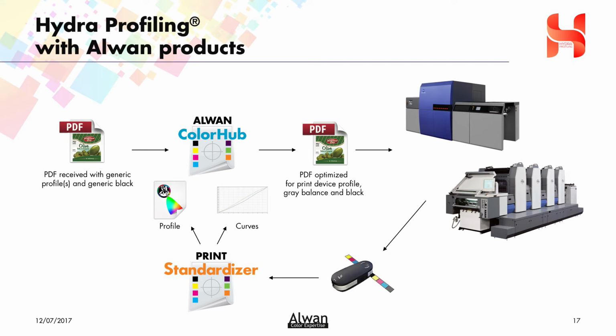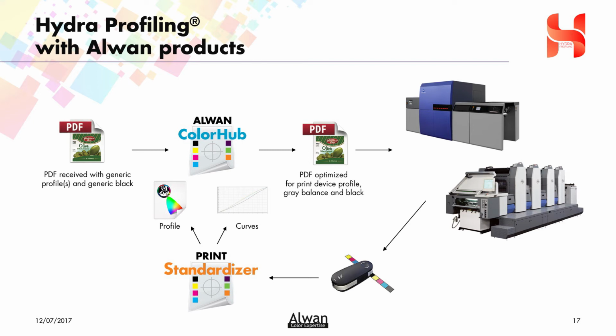And to give you an example, we did this recently with Konica Minolta. I was able to calibrate and to profile a Konica Minolta printer using Konica Minolta software, which is called Color Central. And the operation took me, with the operator who was there, approximately 2 hours. When we did the same operation with Konica Minolta staff in our offices using PrintStandardizer and ColorHub, calibration and profiling took 2 minutes.